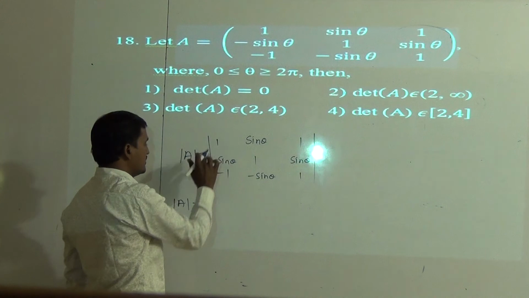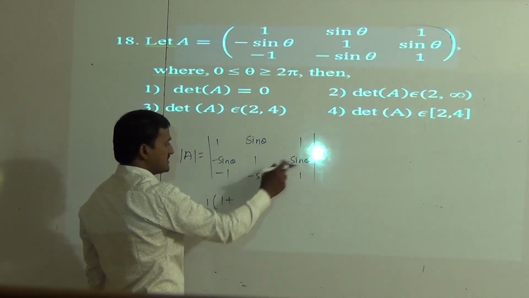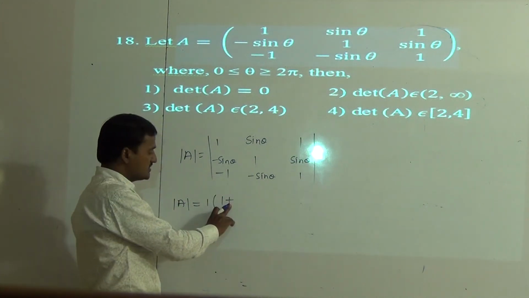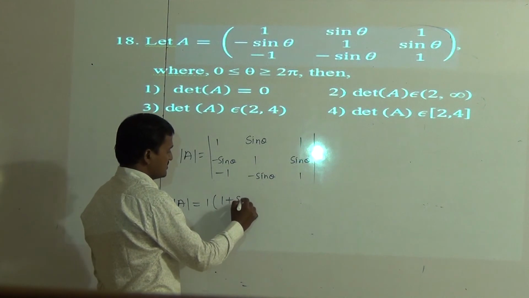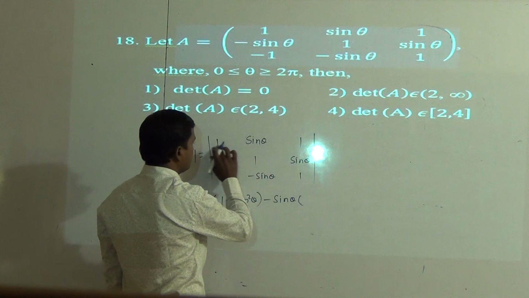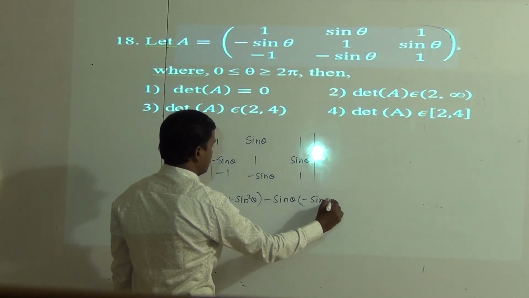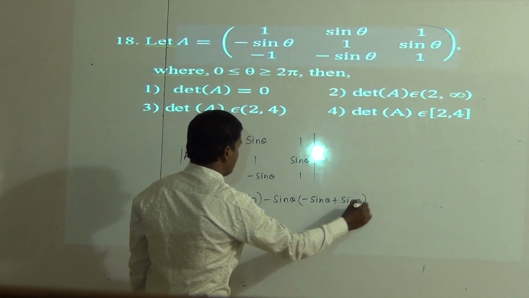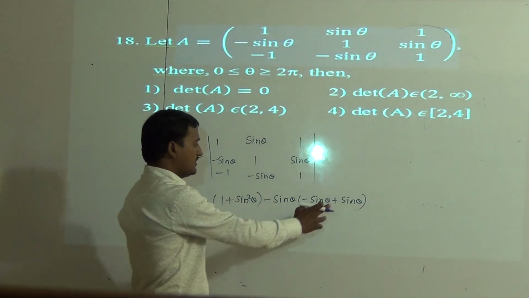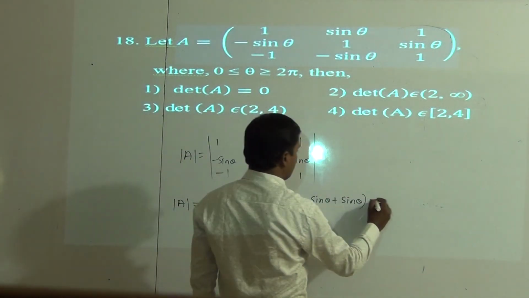So here it is 1 into, here it is 1 plus minus sin theta into sin theta, minus sin square theta, but here it is minus there, minus into minus plus, hence it is sin square theta, minus sin theta into, I have told you the first row and second column, so clearly it is a minus, sin theta plus sin theta, because minus 1 into sin theta minus sin theta, but here it is minus there, minus into minus becomes plus, here it is a plus 1, is it right?